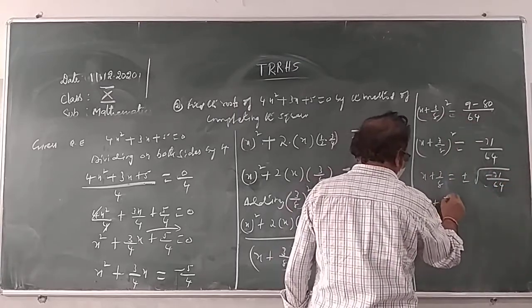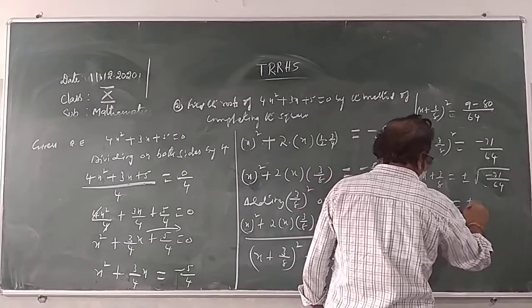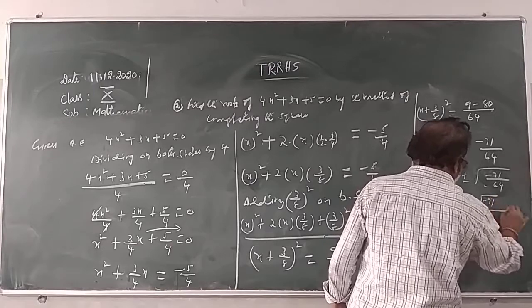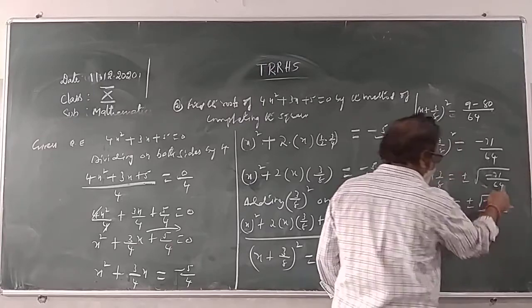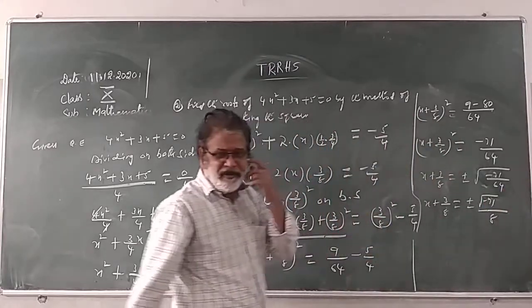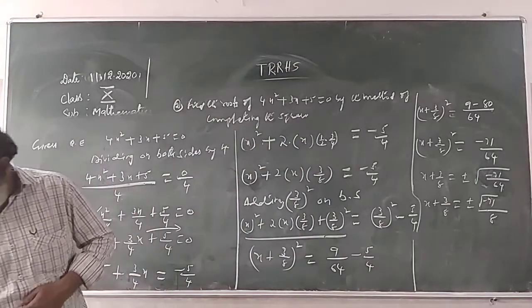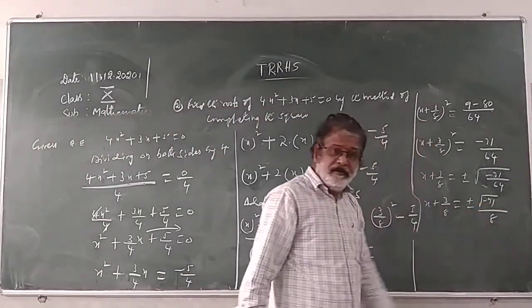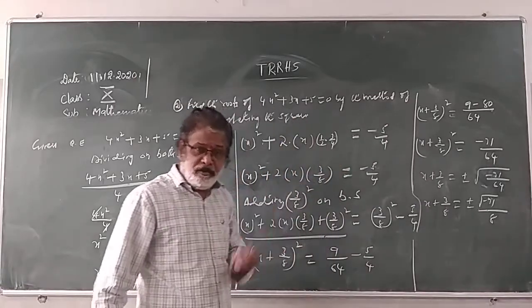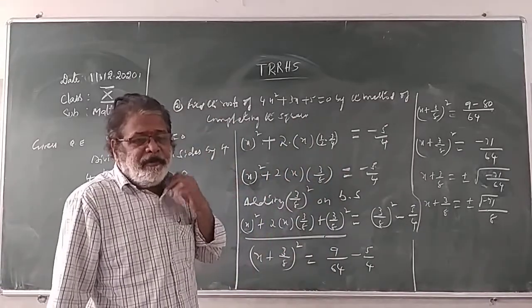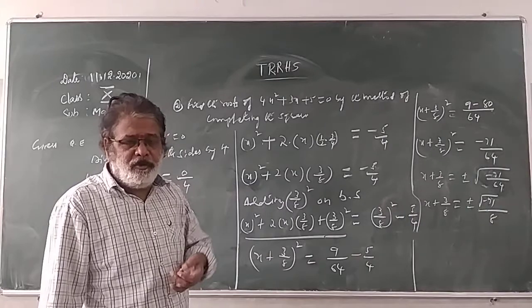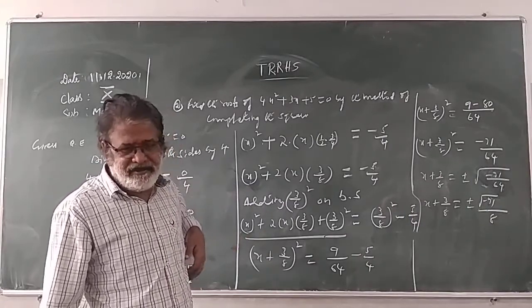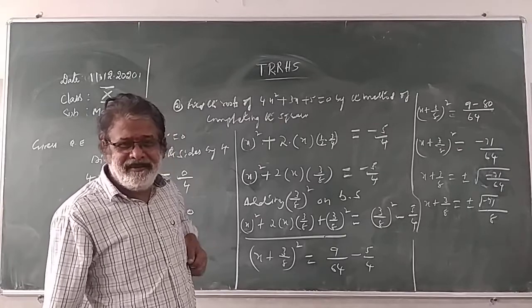Square root of 64 is 8. Minus root 71 is an imaginary number. It cannot be solved. When there is a minus inside the root, it is imaginary. The roots cannot be determined. Roots do not exist because they are imaginary.